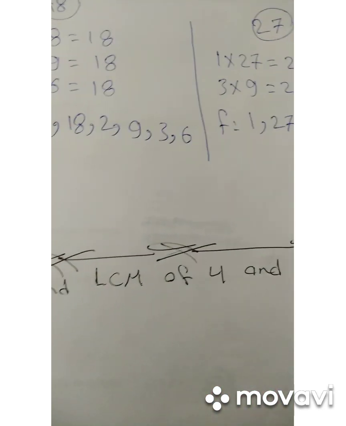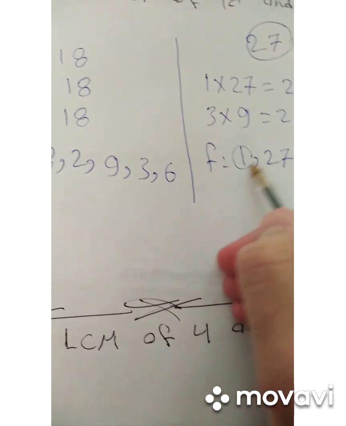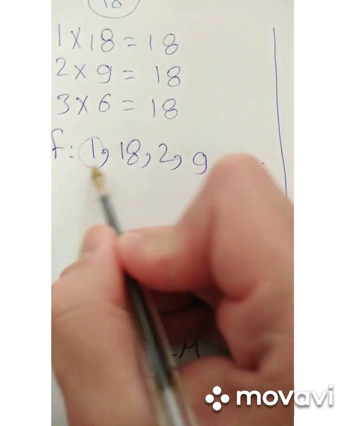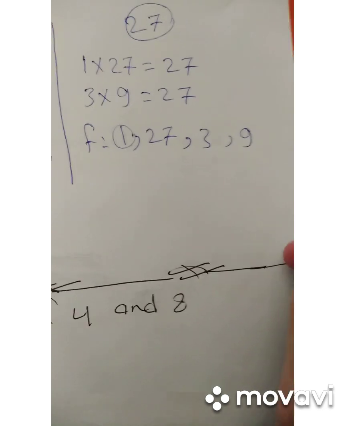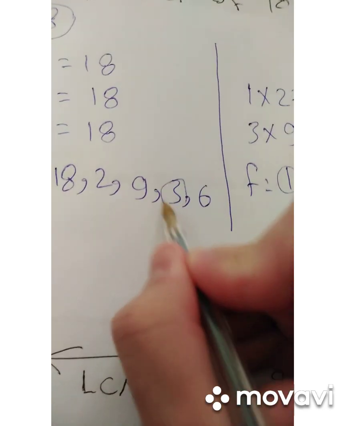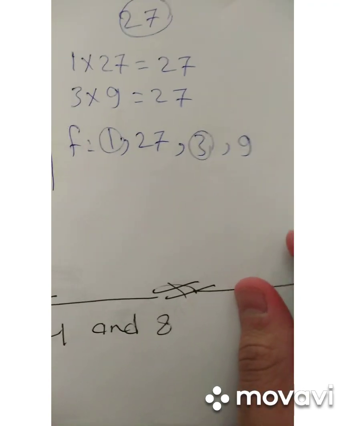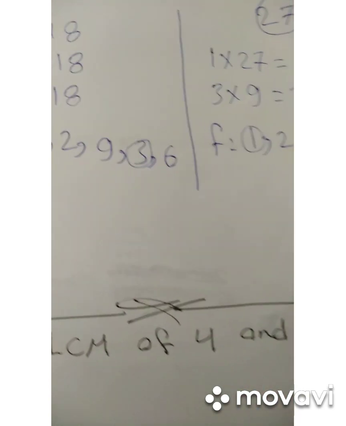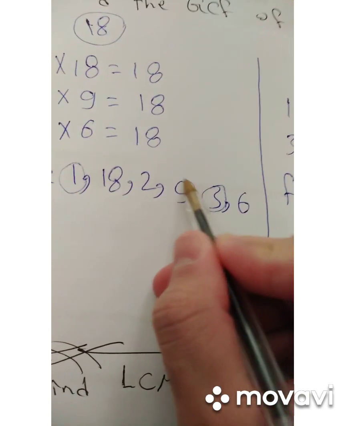Let's determine now the greatest common factor of 18 and 27. The first repeated number is 1, so circle 1 and 1. What else? 3 and 3. What is common also? Yes, 9 and 9.